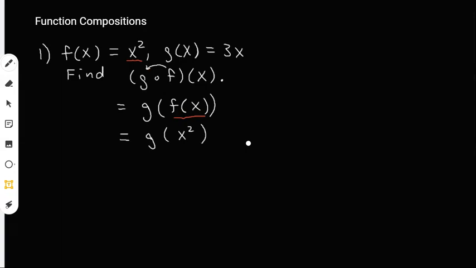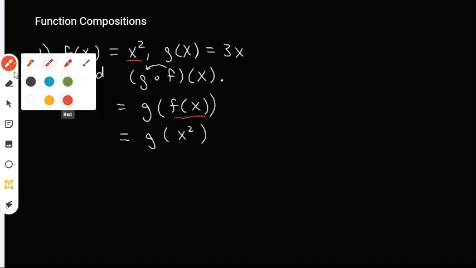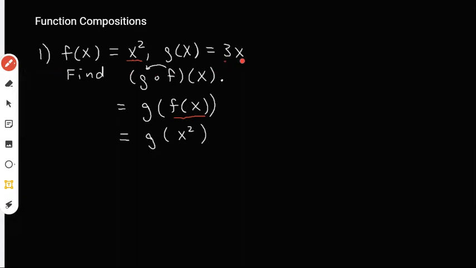Okay, so now I need to figure out what g of x squared is. What does that mean? Well, that basically means that I'm going to take the function g of x, and everywhere I see an x in that function, I'm going to replace it with an x squared. So when I do that, I'm going to keep everything about the function the same.